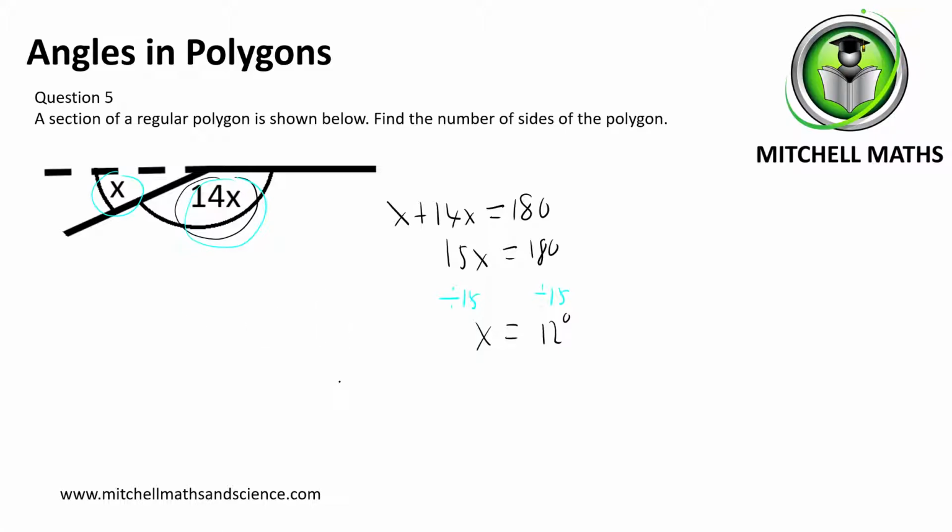Therefore, we can do 360 divided by 12, which equals 30. So this regular polygon is going to have 30 sides, because each exterior angle is 12 degrees, and 360 divided by 12 is 30. So it's got 30 sides.